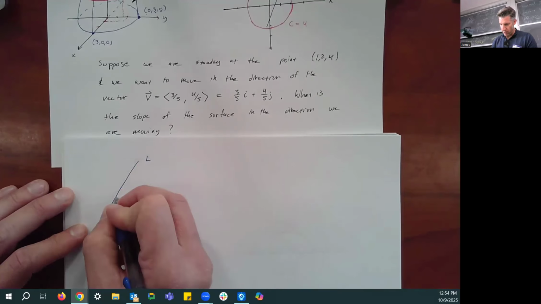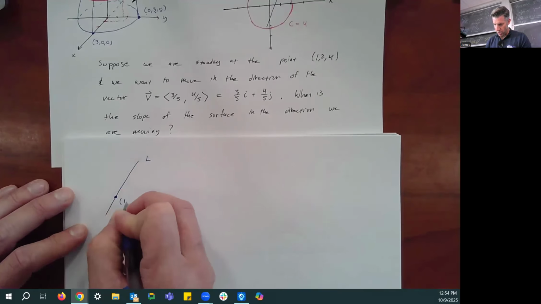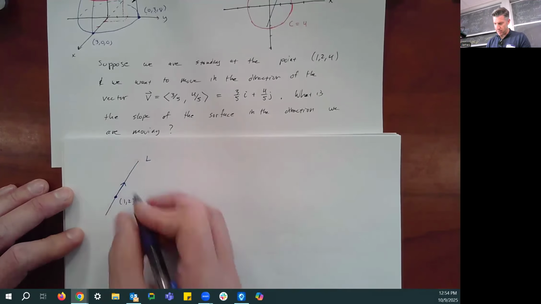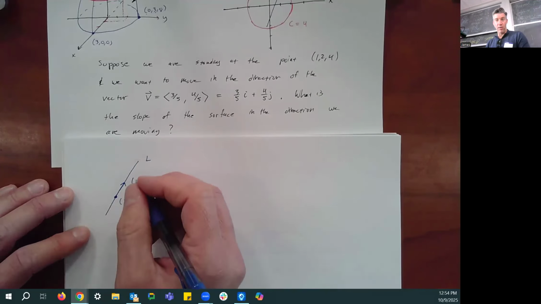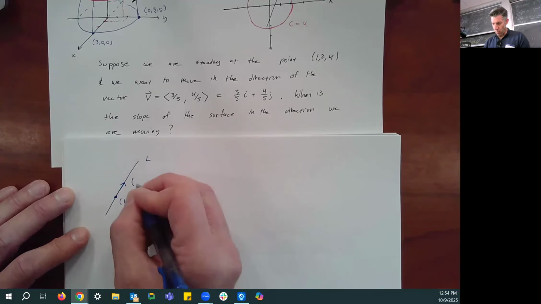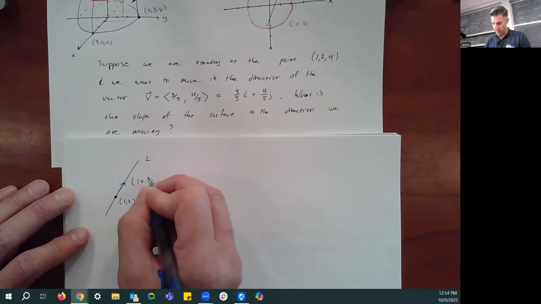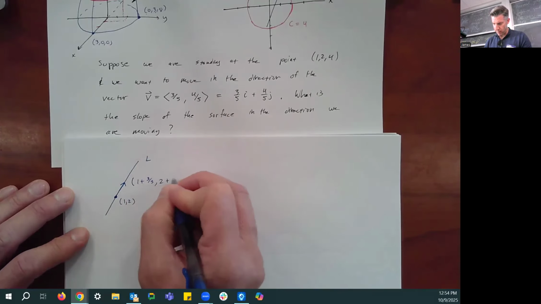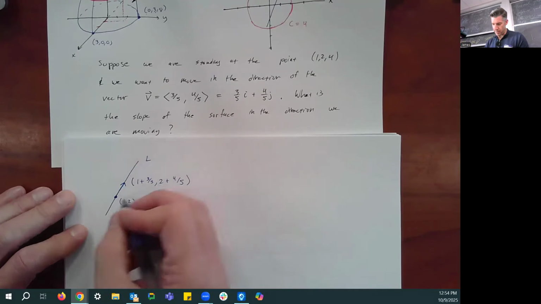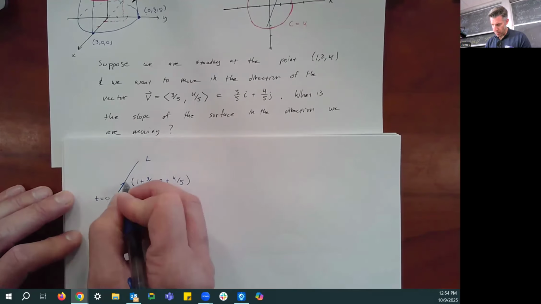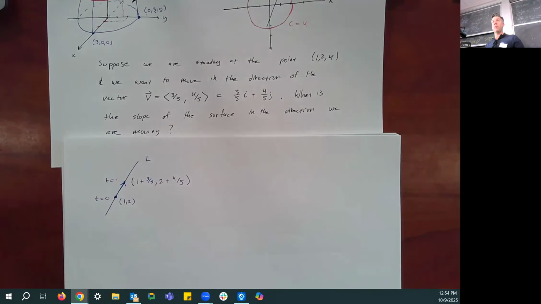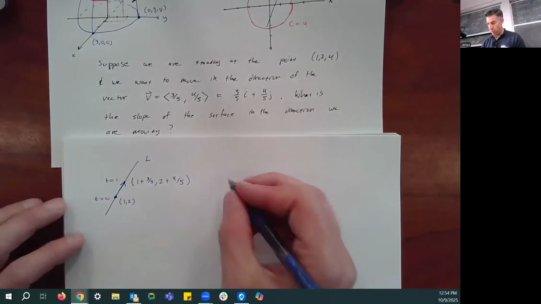Our line, we have the point where the vector starts at 1, comma 2, and we have another point where the vector ends, well, we're going over 3/5 and up 4/5. So it's going to be 1 plus 3/5 and 2 plus 4/5. That's at time equals 0. That's at time equals 1. So we should be able to do this parameterization without too much trouble.